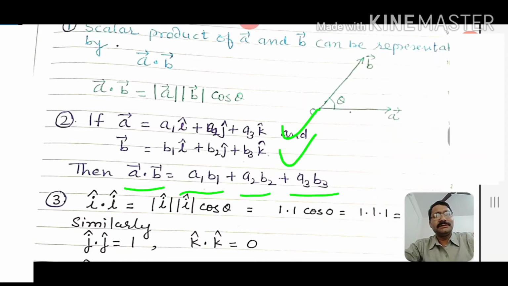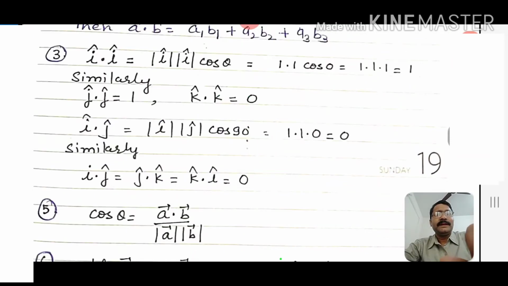Now next, i vector is a unit vector along the x-axis. So i cap is a unit vector. If we do the dot product i dot i, what do we have? According to the rules, we have modulus of i into modulus of i and cos theta.